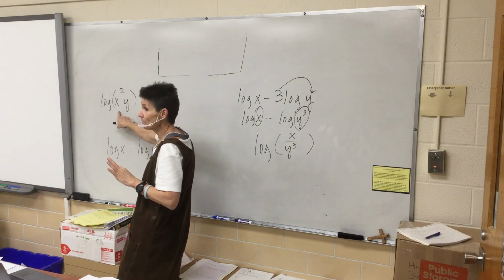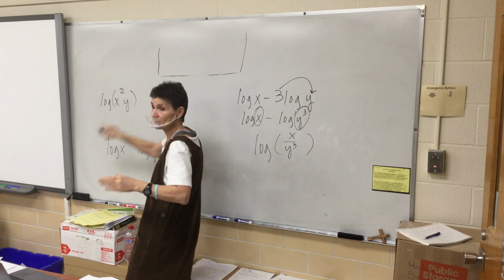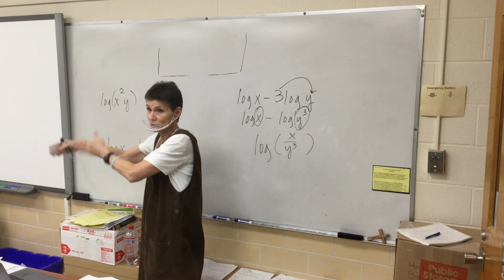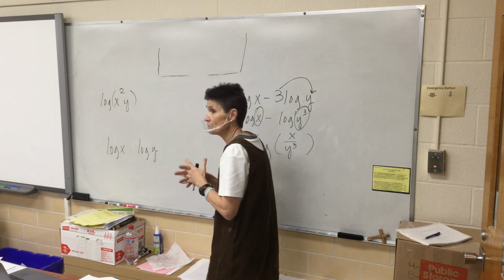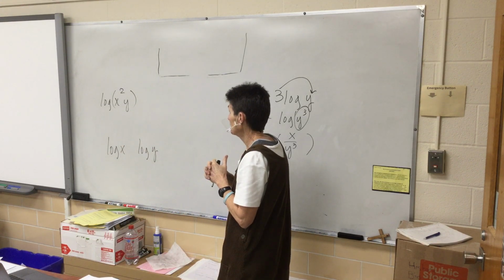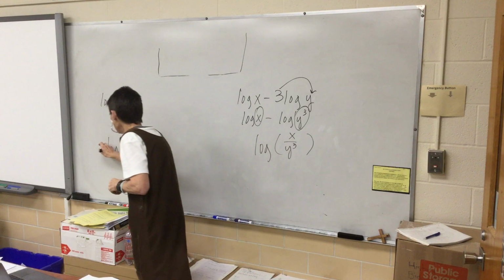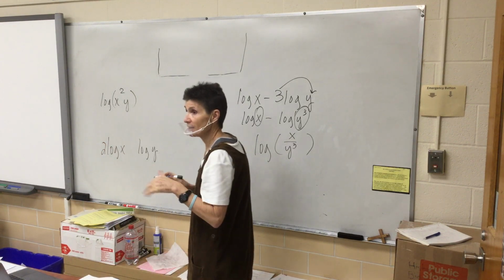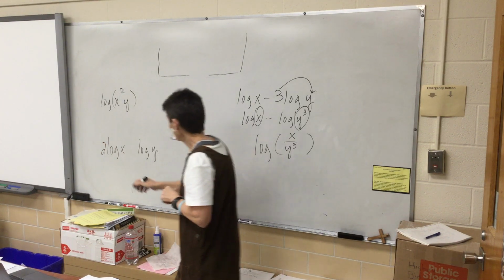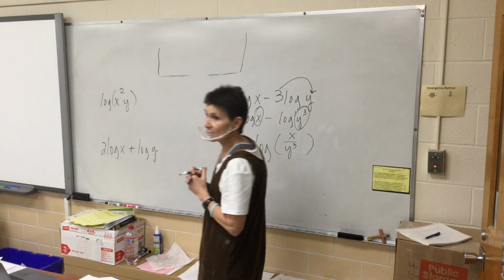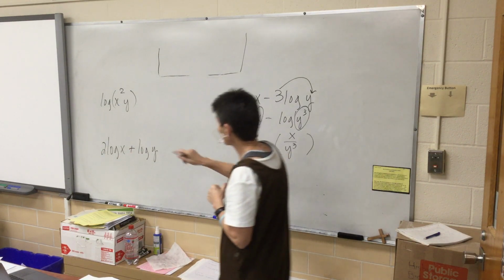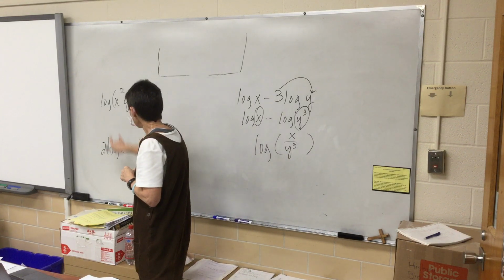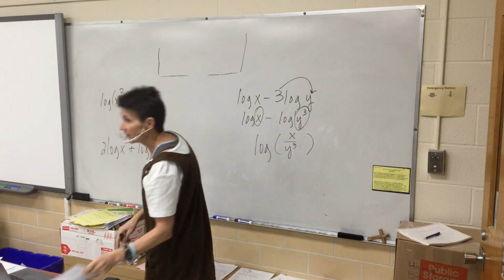However many letters you have in the problem, that's the logarithms that you're going to have. All right, so tell me, what do I need to do to finish this problem? Put a 2 in front of the x, right? Just the x, and a plus in between them. Why is there a plus in between them? Because it's a multiplication right here, so it becomes a plus.